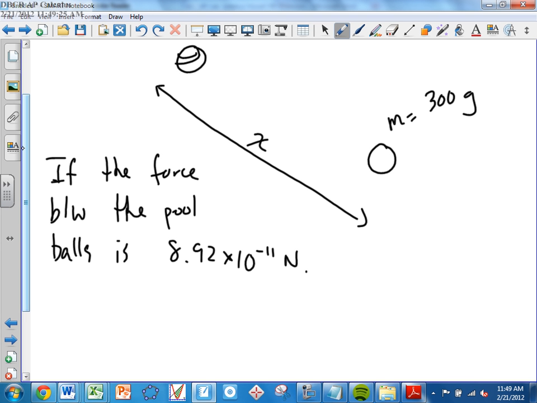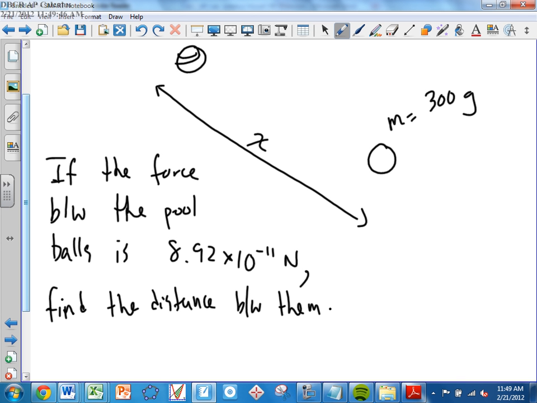So if the force between the two pool balls is that, we know G, find the distance between them, R. So the x. I called it x, but what did we call it in the formula? R. So it doesn't matter really.